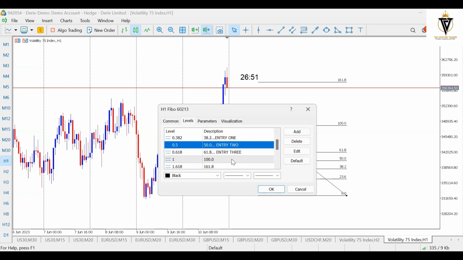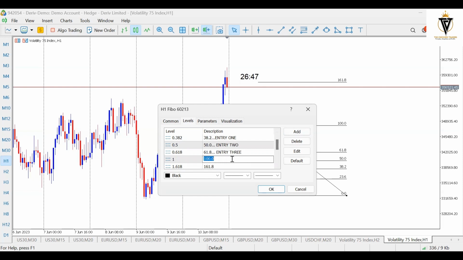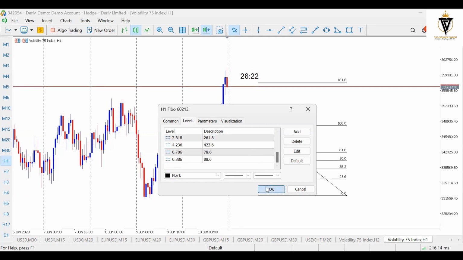And this could be my CP1. Okay. So let's adjust this. Let's see first.